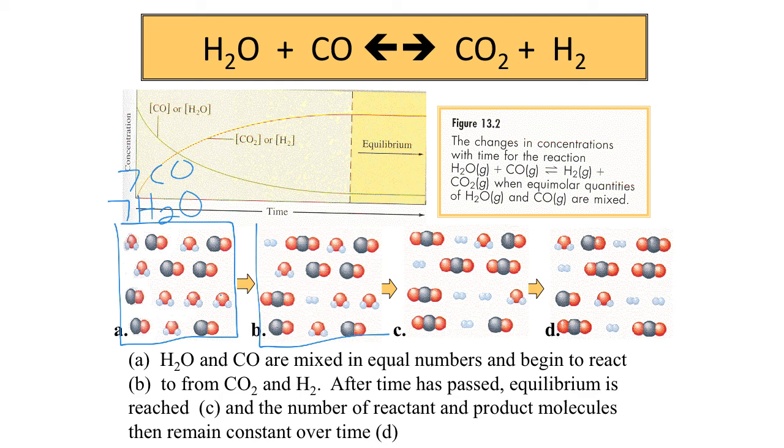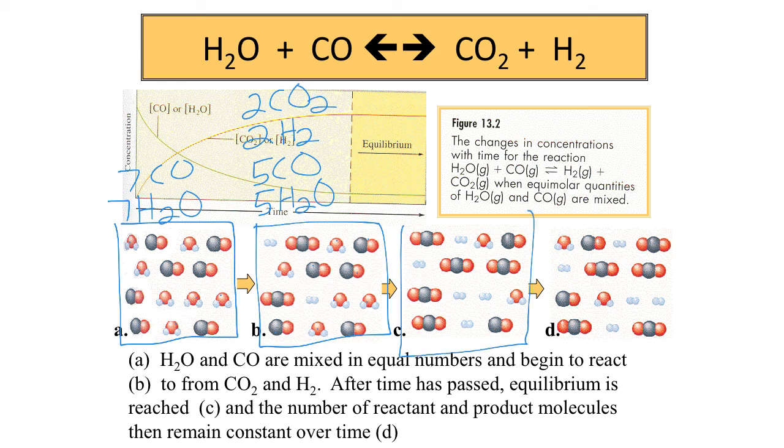Then at time B, we now have 1, 2, 3, 4, 5 water molecules remaining. And we have 1, 2, 3, 4, 5 carbon monoxide molecules. And we have 2 hydrogen molecules. And we also have 2 carbon dioxide molecules, which makes sense because they are being produced in a 1-to-1 ratio.